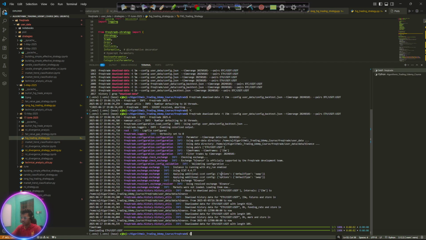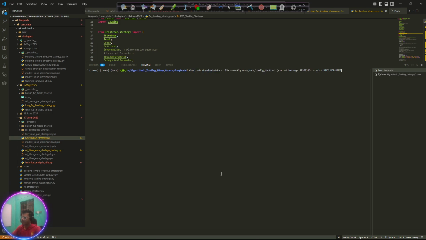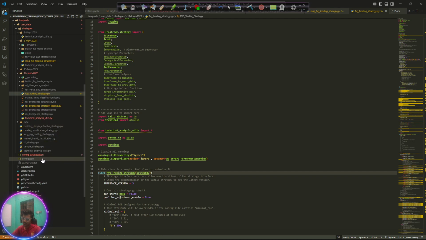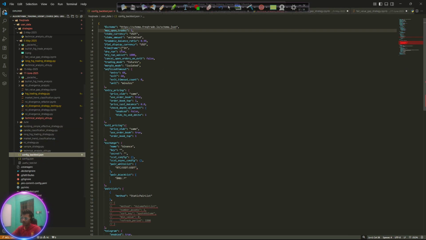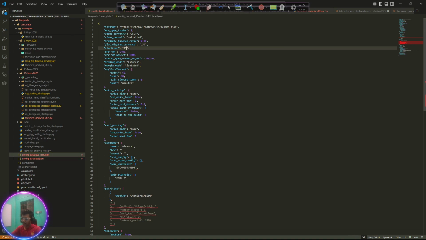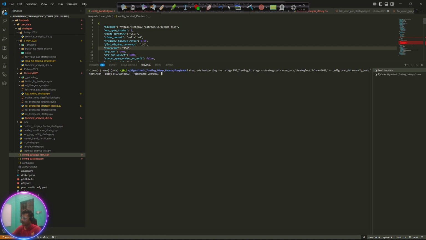Fair value gap trading strategy. We're gonna be testing it on 15 minutes. Let's create back test for 15 minutes, and we're gonna be testing it on Ethereum.